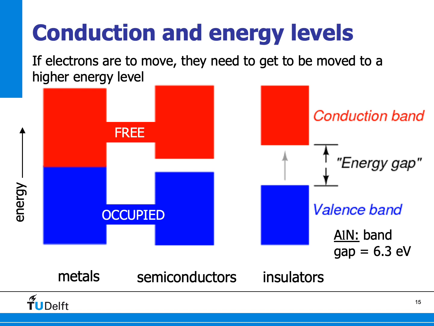In the case of aluminum nitride, the band gap, or the energy gap that is located here, is 6.3 electron volt, and that is too high for the electrons to be promoted from the valence band into the conduction band. In other words, this is an insulator. So this is why aluminum nitride does not conduct the electricity, but it does conduct the heat via the phonons.